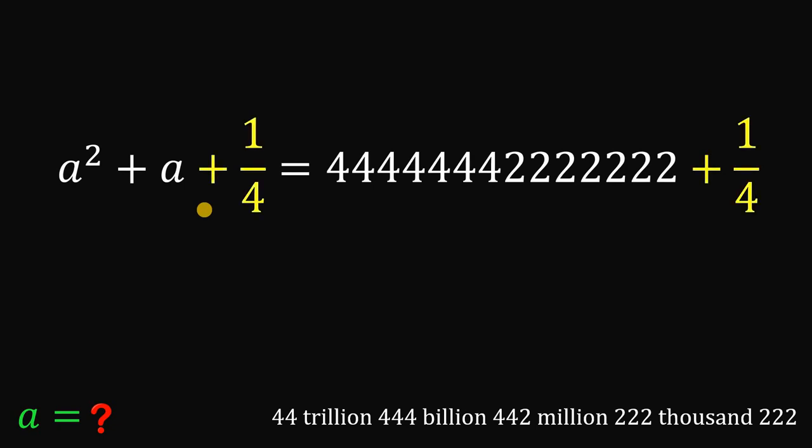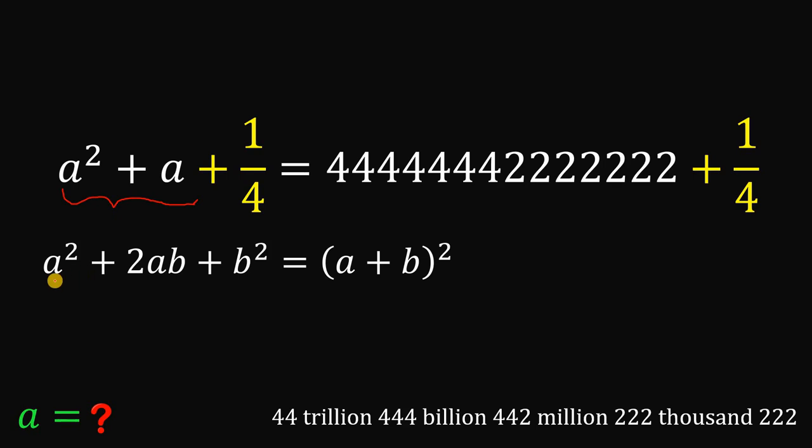Alright, now suppose we don't know what number we need to add to make this a perfect square trinomial. So we know that we have a squared plus a. Now, what we're going to do is to use this concept, and we know that a squared plus 2ab plus b squared can be simplified as a plus b raised to the power of 2.